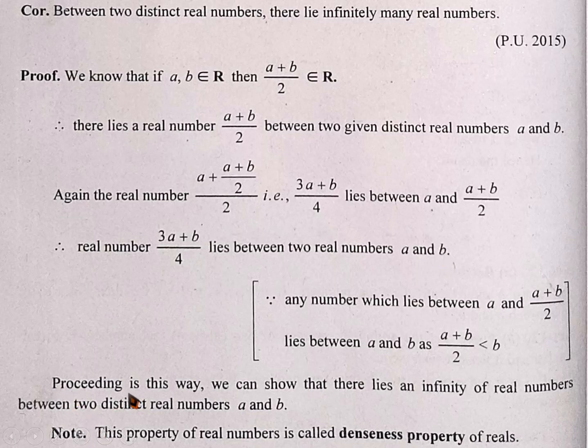Continuing this process, we can show that there lie infinitely many real numbers between two distinct real numbers a and b. This property of real numbers is called the dense property of real numbers.